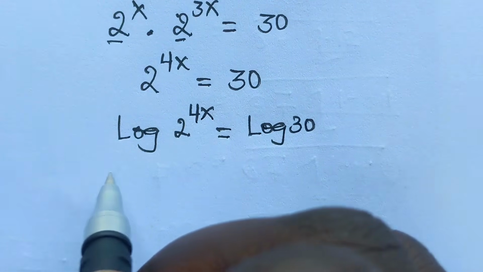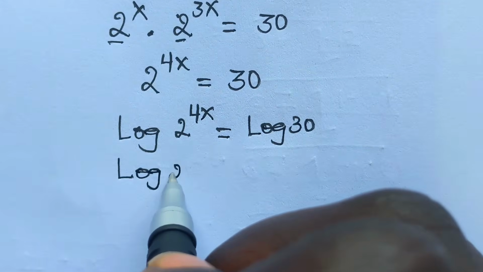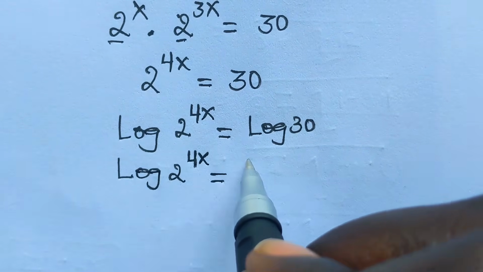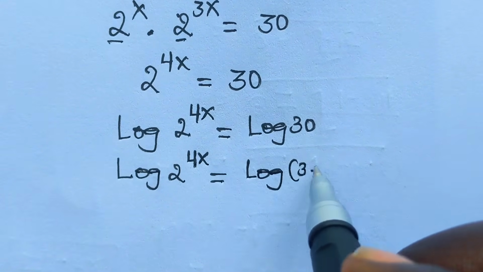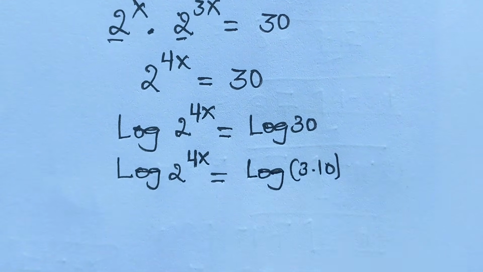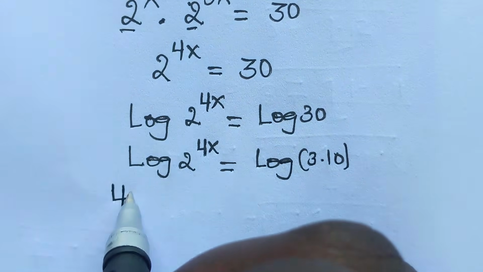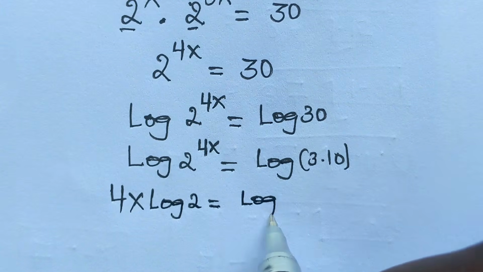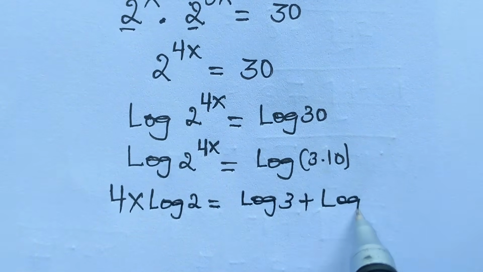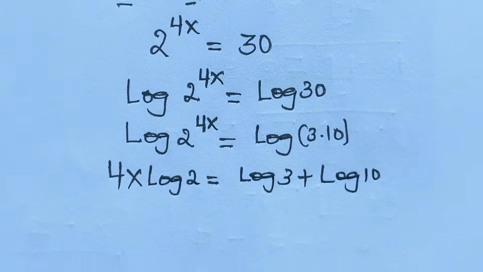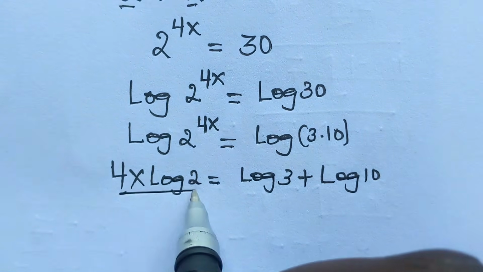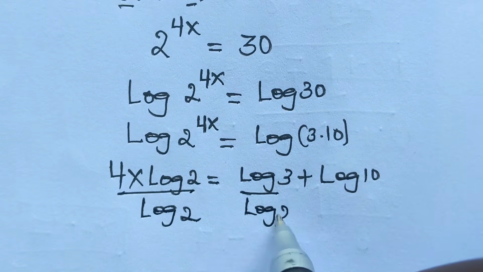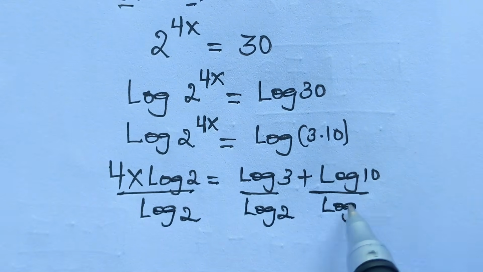Then at this stage we can write 4x times the logarithm of 2 equals the logarithm of 3 times 10, which equals the logarithm of 3 plus the logarithm of 10, all right? Then divided by the logarithm of 2 on both sides.